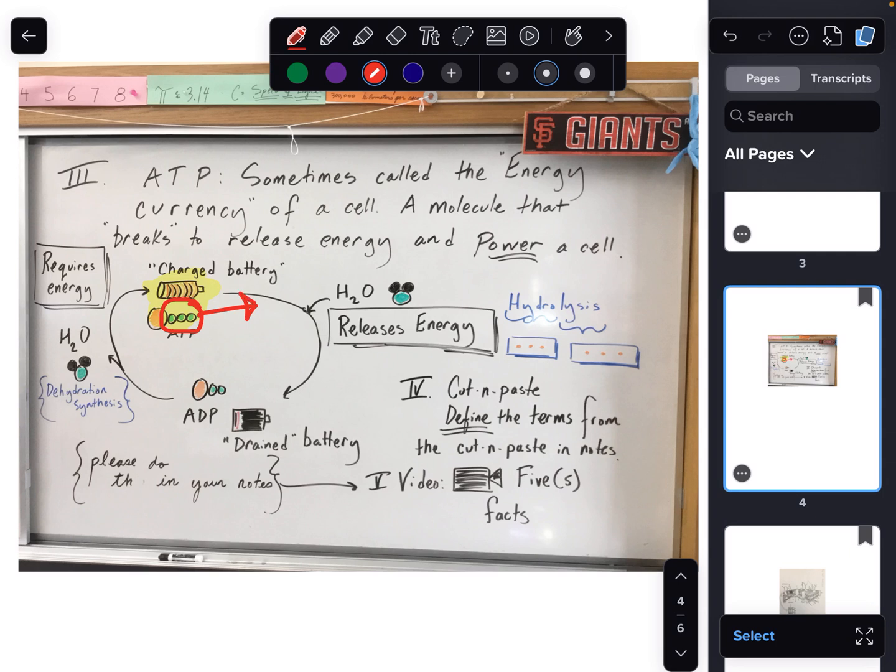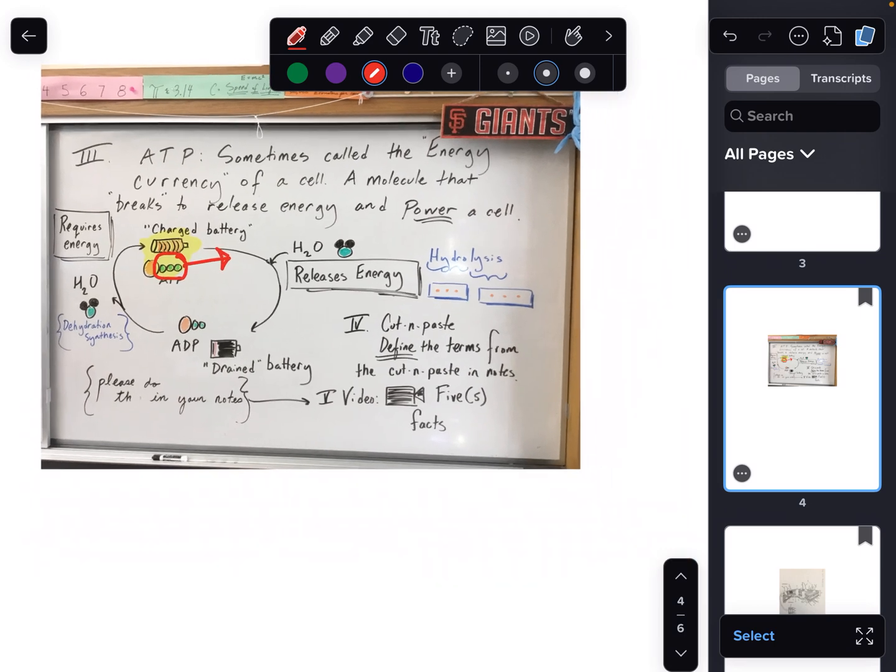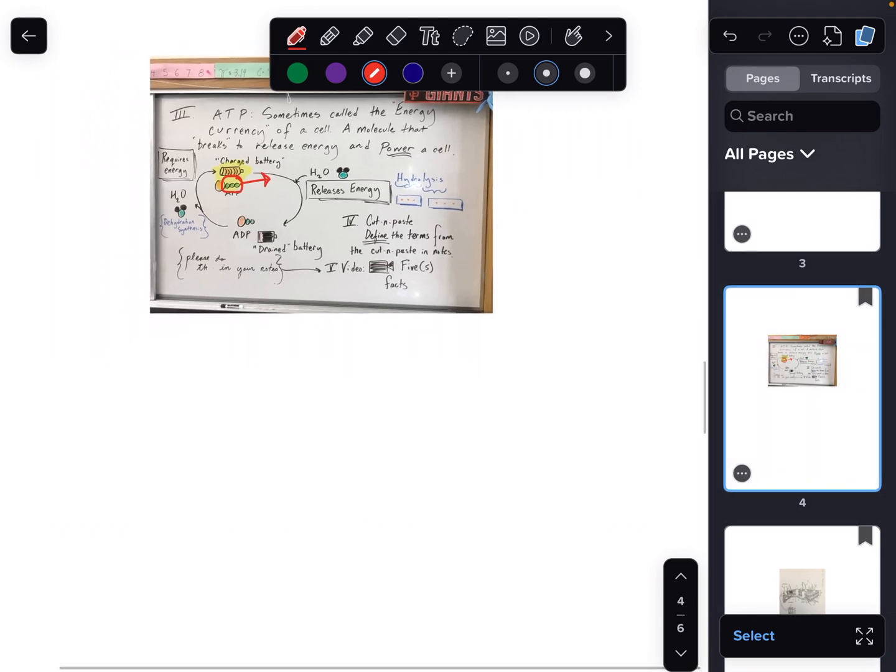As they get snapped off, they provide energy for the cell to do all the things that the cell needs to do. Remember, most of the cells are doing things like, let me make this a little bit smaller. Let's think about all the things that a cell needs to do. They need to make proteins.